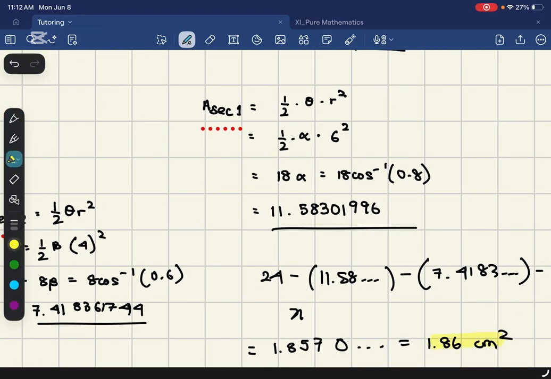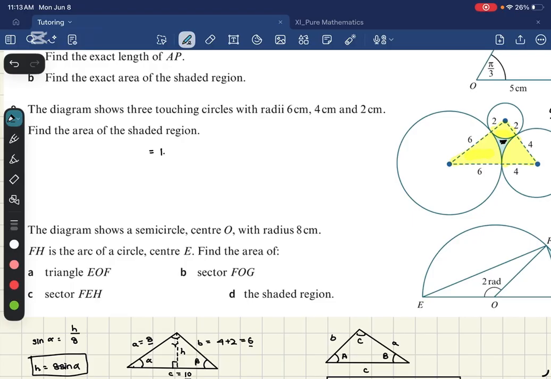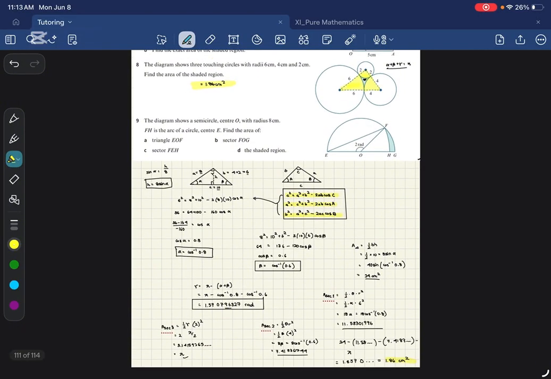All right, so that is going to be the solution: 1.86 centimeters squared. I know it took us a lot of time, but I hope it was clear how we got this answer.